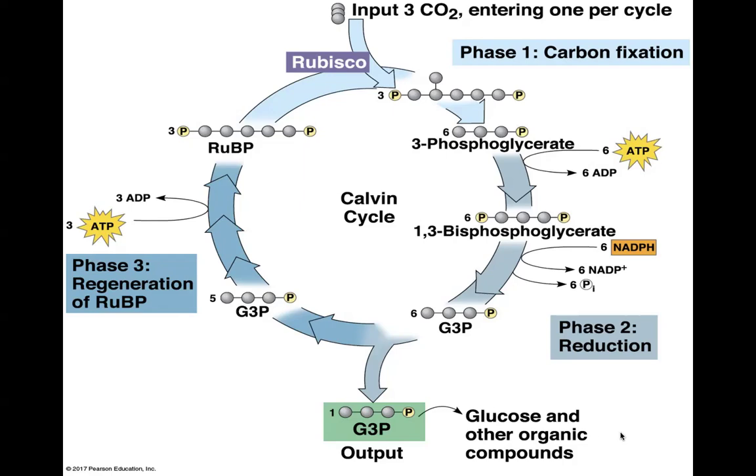We can see that there's going to be some of the ATP used because we're going to need those phosphate groups and energy, once again, to be invested into those molecules. And we will also be using those high energy electrons from NADPH. This will lead to the formation of G3P. Remember, G3P is that important molecule that we also saw in the process of glycolysis.